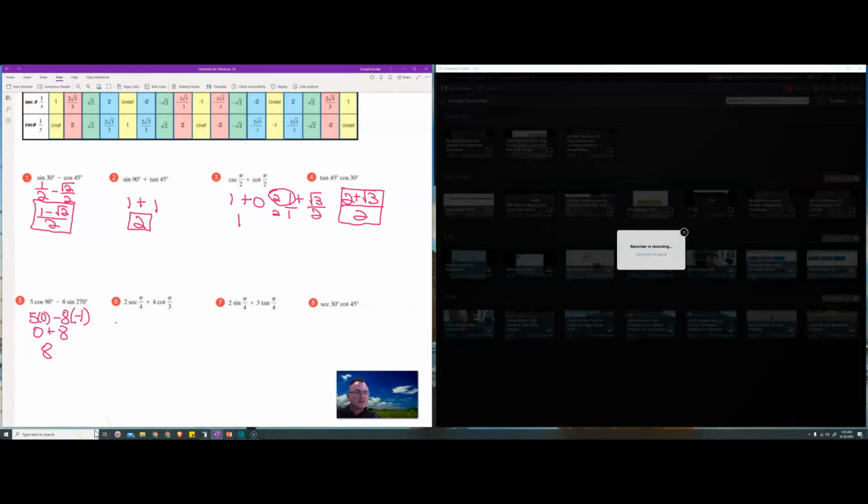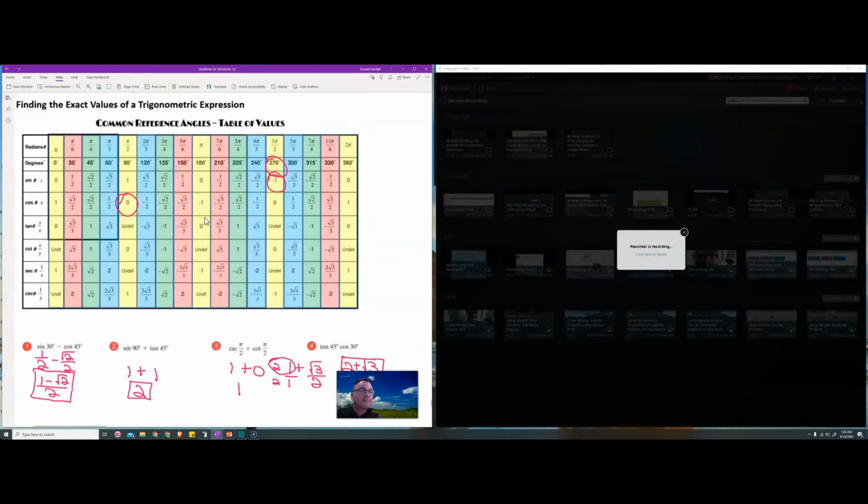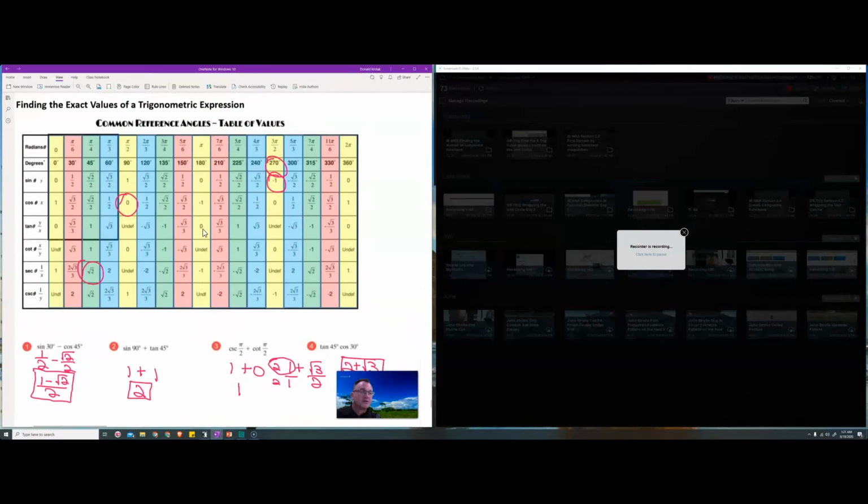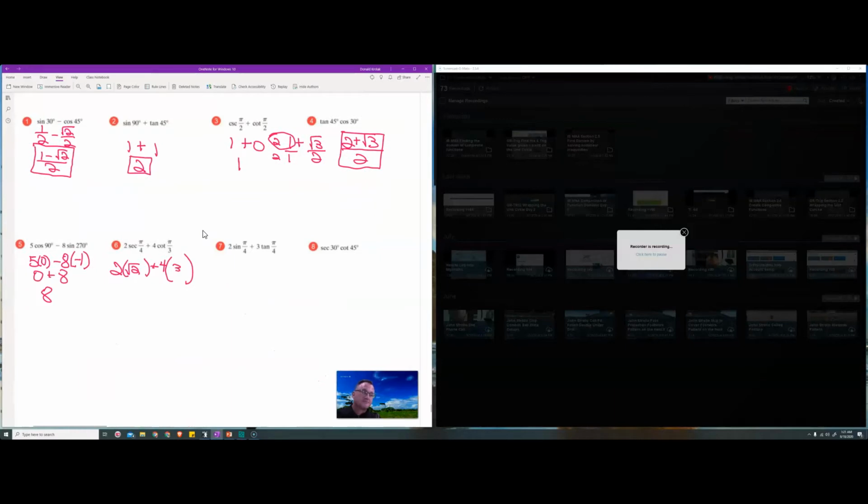Okay, next one. 2 times the secant at pi over 4. So I go to pi over 4. Secant, that's root 2. Plus 4 times the cotangent at pi over 3. Pi over 3, cotangent, root 3 over 3. Alright, so we're going to simplify this.